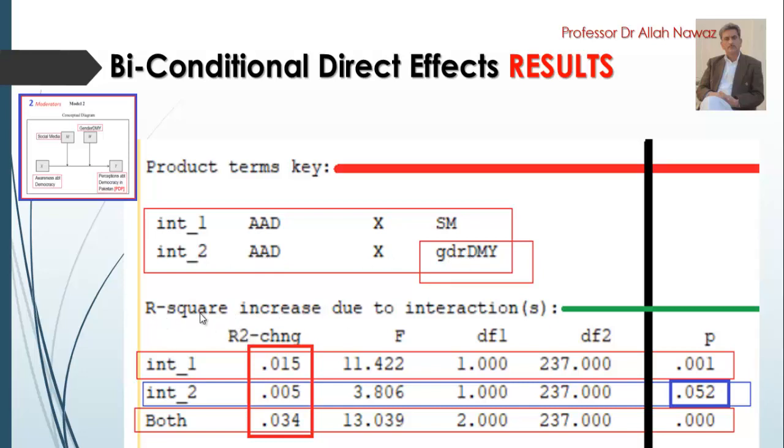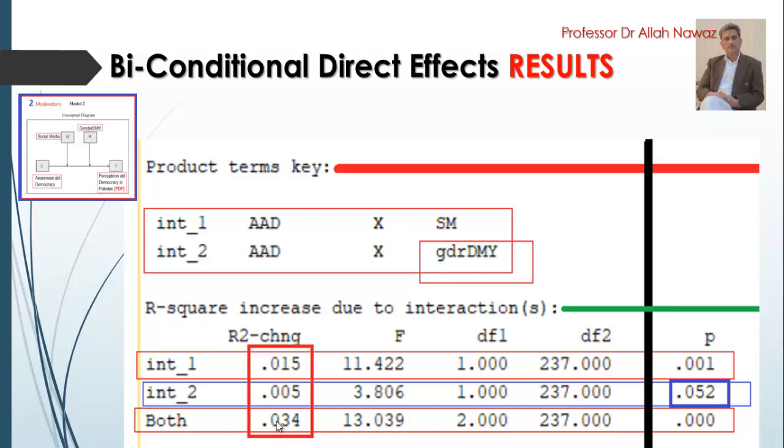Further, the result is that the R square increase due to interactions is that interaction 1 has an R2 change equal to 0.015, and interaction term 2 has increased around 0.05 R square change, meaning that these two terms have collectively changed the R2, showing the change in the Y or dependent variable by 0.034.